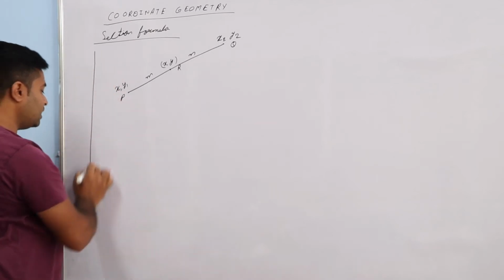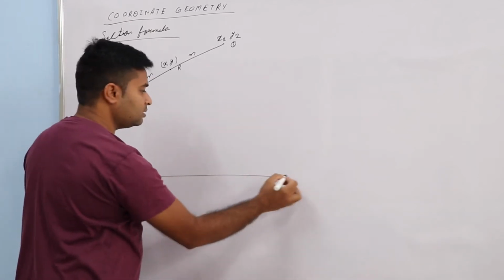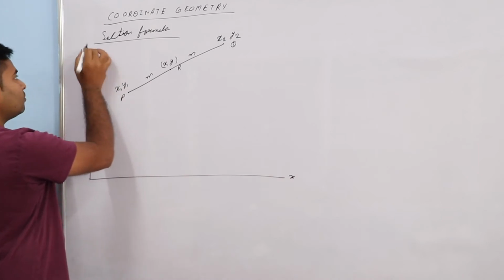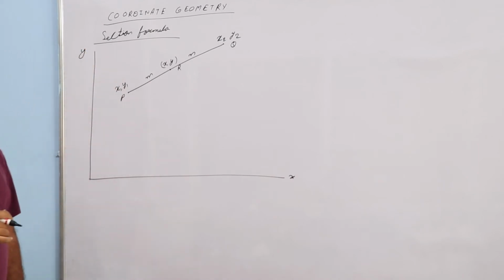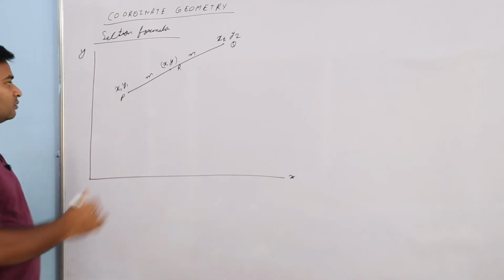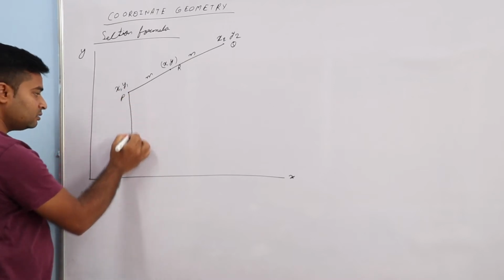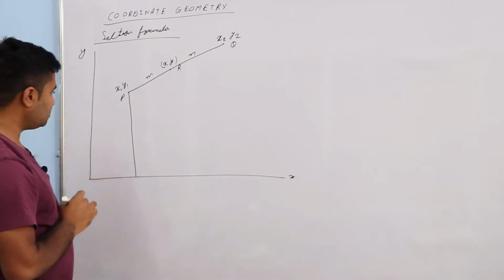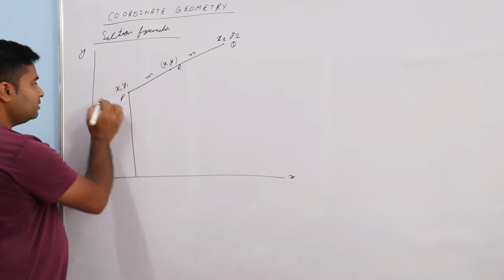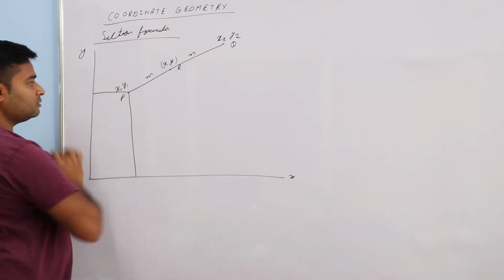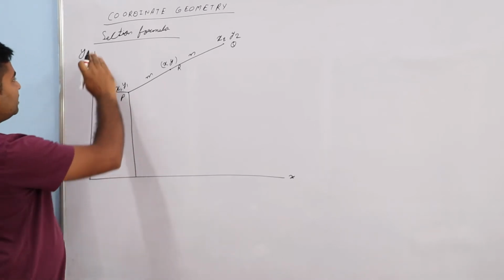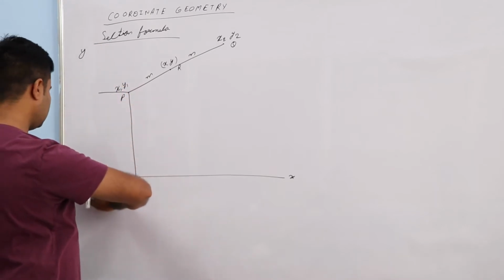Take this on the coordinate axis. X axis, y axis. Now join this. Which line is tilted? This line.